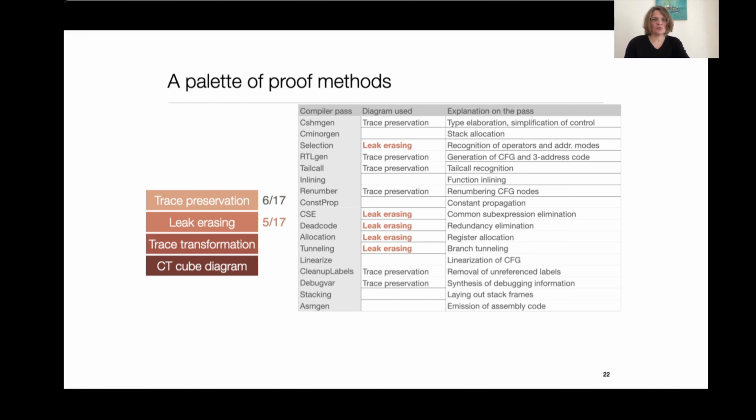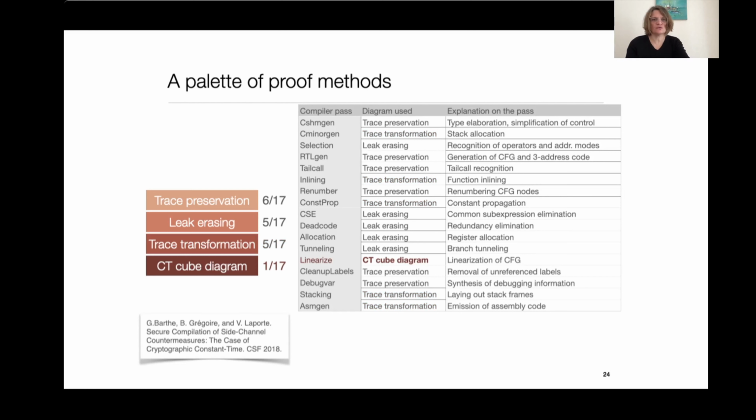Then we were able to reuse the leak erasing method on 5 more compiler passes. And then we reused the trace transformation method on 5 more passes. So there is one remaining pass for which we had to use this tricky method of cube diagram.